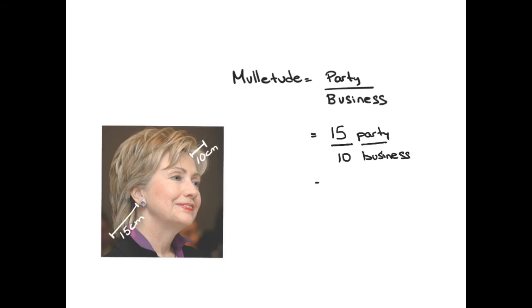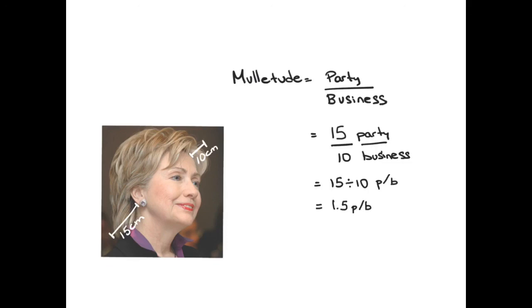And when we want to reduce that down to a decimal form, we're going to do 15 divided by 10 PB. So that would be party per business. And 15 divided by 10 lands us with 1.5, 1 and 5 tenths party per business.